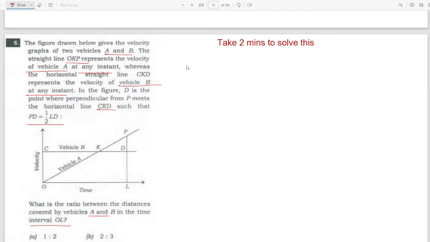So we know that distance is equal to velocity into time. Velocity is on the y-axis, time is on the x-axis. So when we multiply these two, velocity and time, you get the distance. In this case, the velocity times time would be the area of the figures drawn in this velocity-time graph.